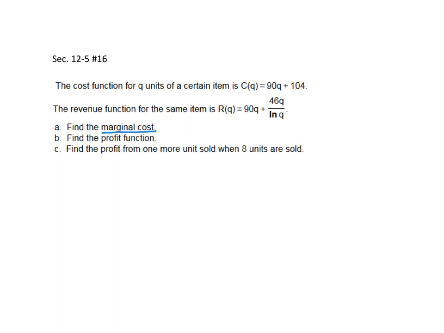And the marginal cost is C prime of Q. And C prime of Q is a relatively easy function to take the derivative of, because the derivative of 90Q is 90 and the derivative of 104 is 0.